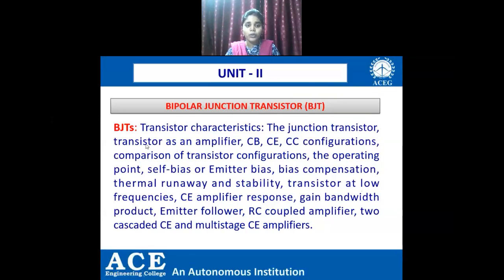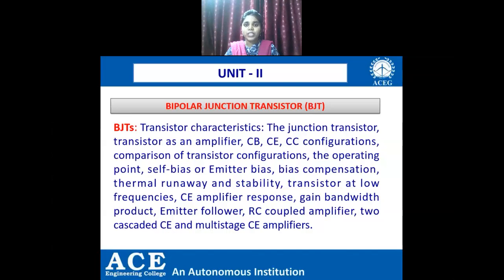The topics which we are going to cover are transistor characteristics, the junction transistor, transistor as an amplifier, CB, CE, CC configurations, comparison of transistor configurations, the operating point, self-bias or emitter bias, bias compensation, thermal runaway and stability, transistor at low frequencies, CE amplifier response, gain bandwidth product, emitter follower, RC coupled amplifier, two cascaded CE and multi-stage CE amplifiers.